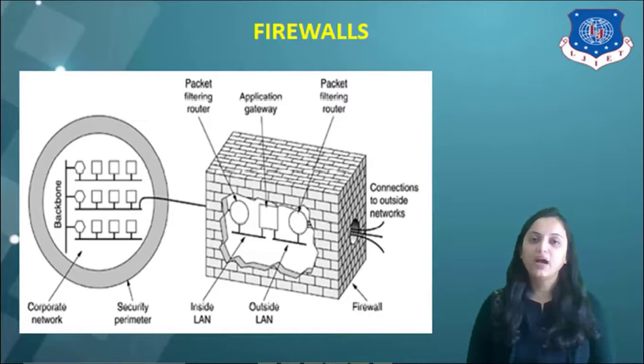The second half of the firewall is the application gateway. Rather than just looking at raw packets, the gateway operates at the application level. A mail gateway, for example, can be set up to examine each message going in or coming out. For each one, the gateway decides whether to transmit or discard the message based on the header fields, message size, or even the content.